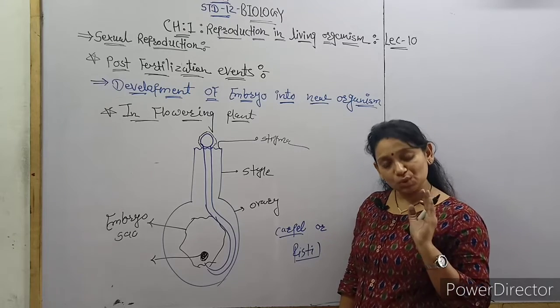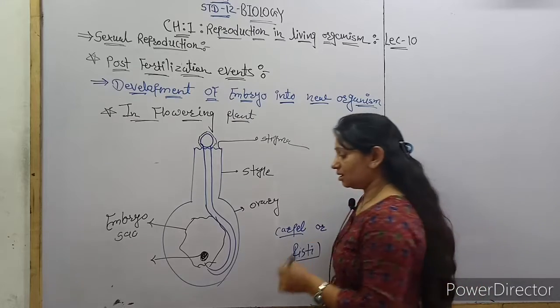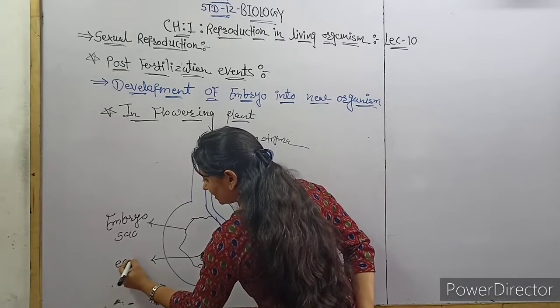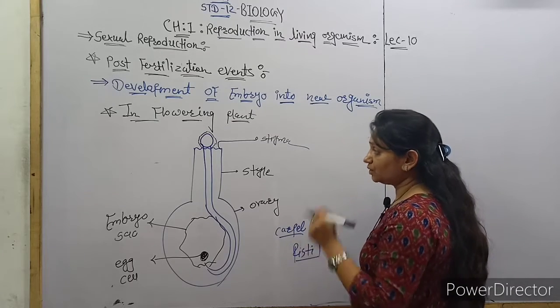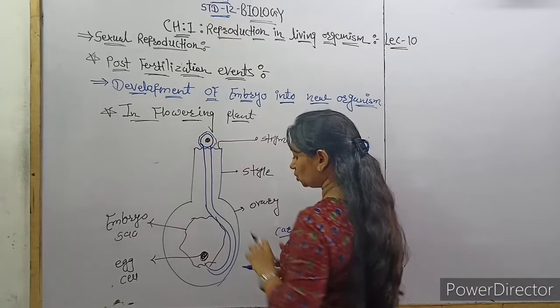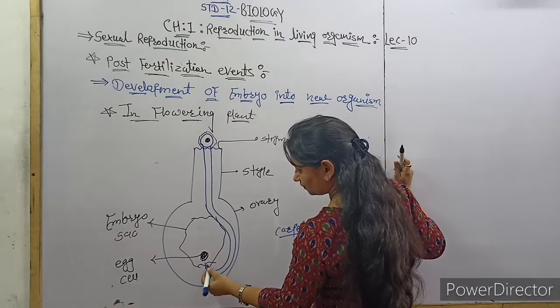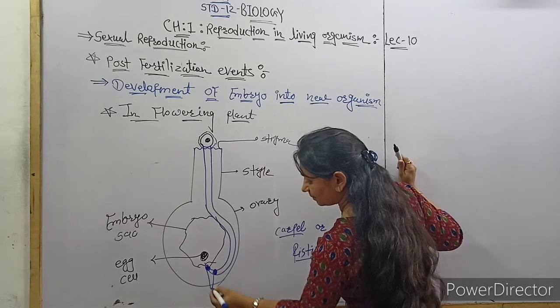Over here we have to concentrate on which changes occur in a post fertilization event. Fine. Okay, so just assume this is the egg cell. You should know this beta, because fusion is going to happen between them. Now from this pollen grain, 2 male gametes will come here. Fine enough. These are the 2 male gametes.